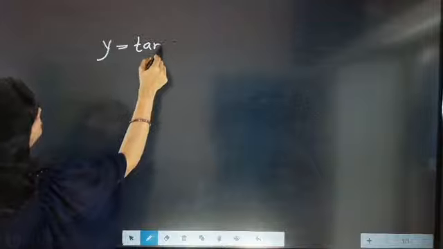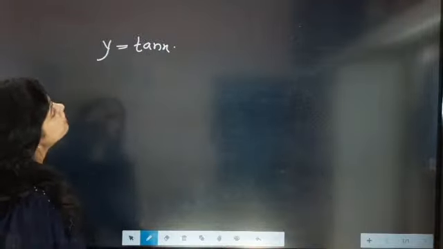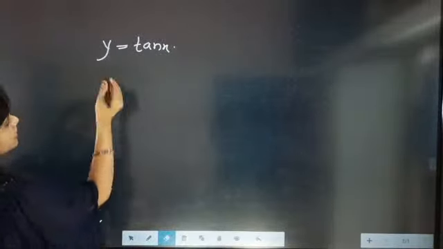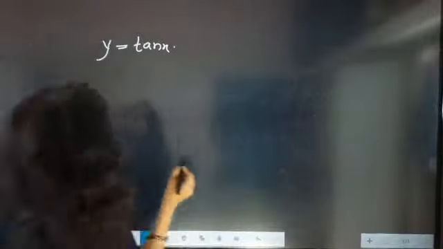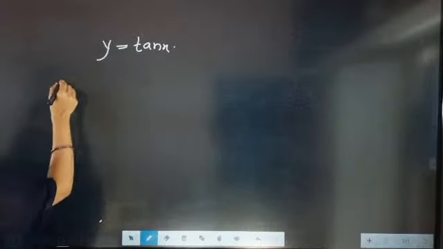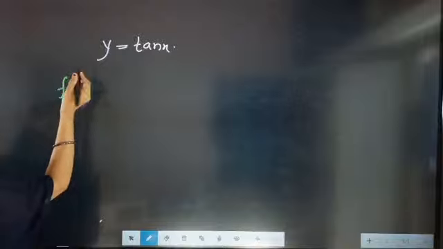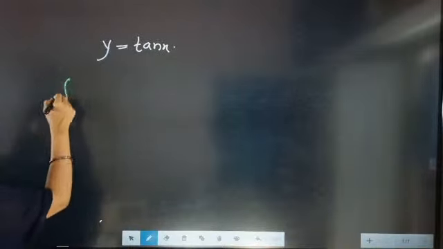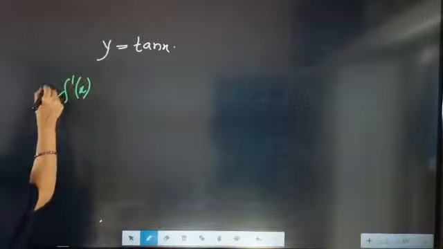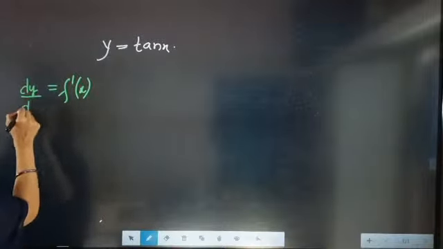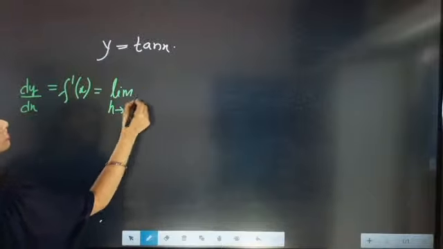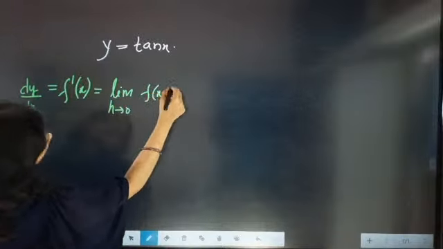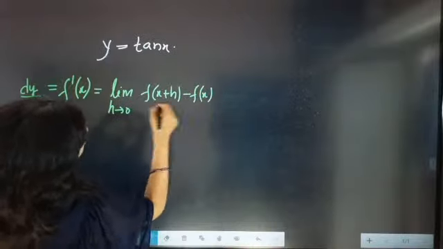Y will be equal to tan x. So once we are writing y equal to tan x here, dy by dx is nothing but f dash x, which will be limit h tends to 0, f of x plus h minus f of x by h.